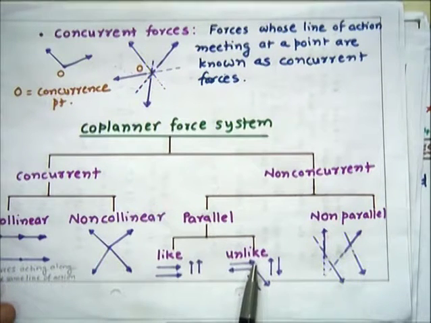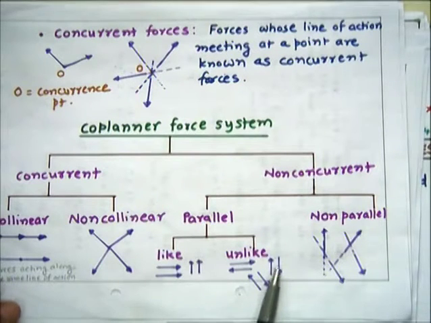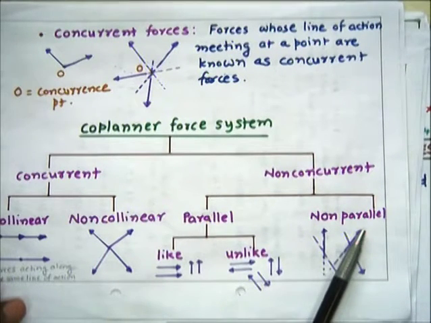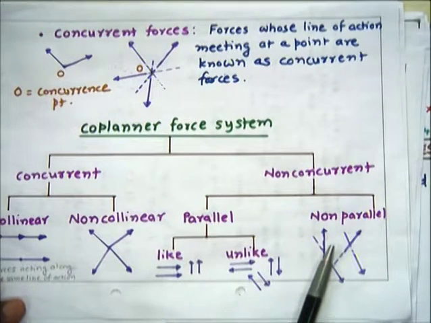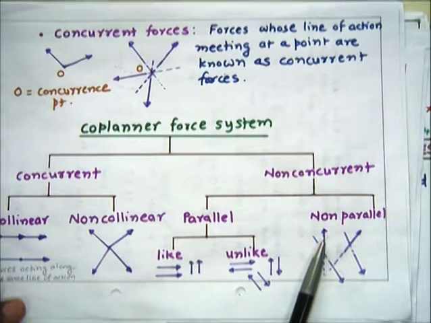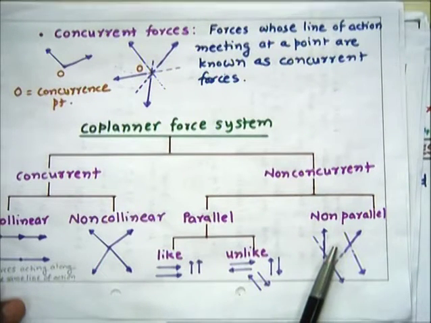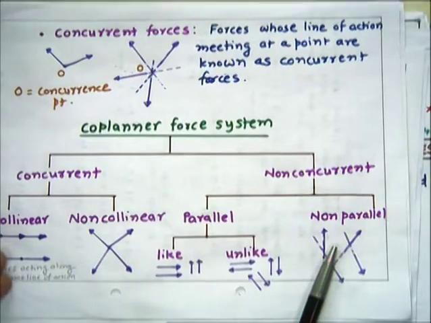Unlike parallel means though they are parallel, their nature or arrows are different, and again it may be horizontally parallel unlike, inclined parallel unlike, or vertical parallel unlike. Then the non-parallel category means forces which are not parallel to each other, and their lines of action are not meeting at a common point. So this is the case of non-parallel non-concurrent forces.